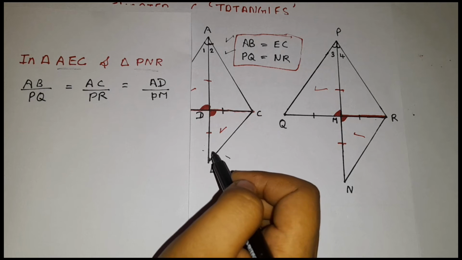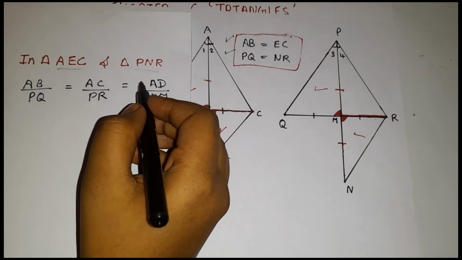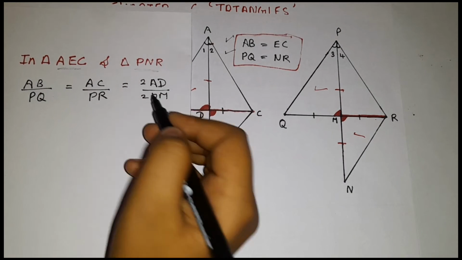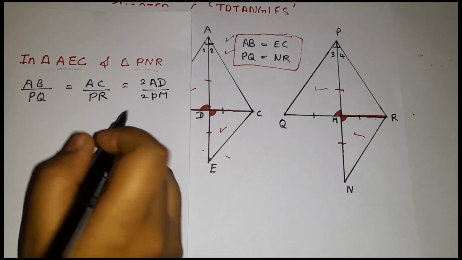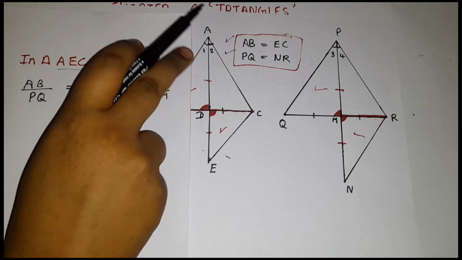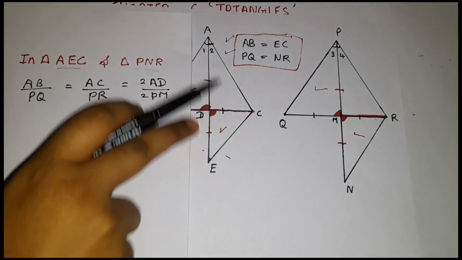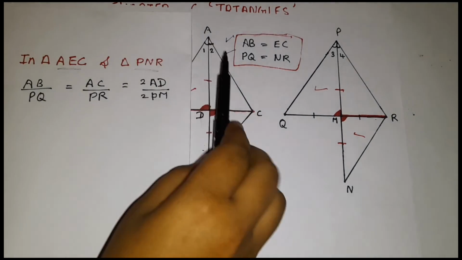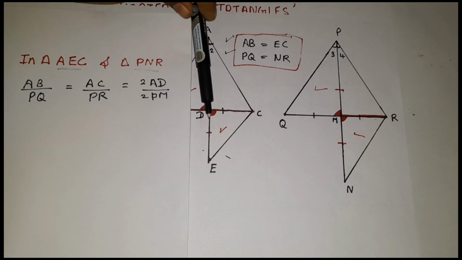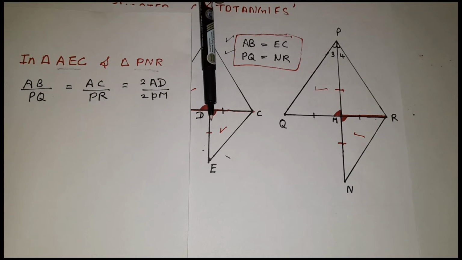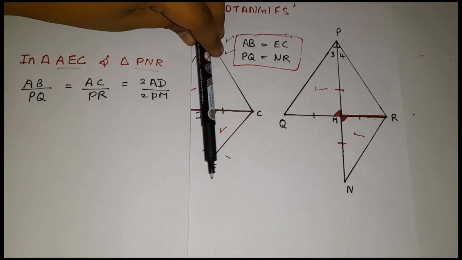So what we are supposed to do is put 2. Here also I am going to be putting 2. Why? 2 means double of AD. So here this is the AD. When you just double it, then we'll get AE. Am I right? So here I'm just doubling it. So this is AD. If I just double it, then I can write AE.